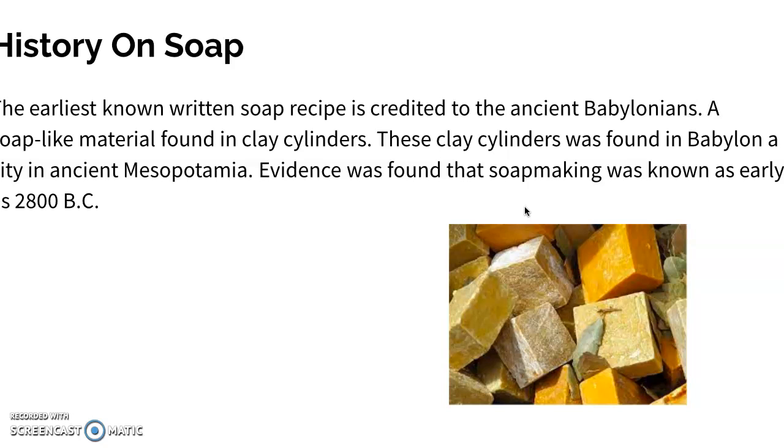According to a Roman legend, soap was named after Mount Sapo, an ancient site of animal sacrifices. So after an animal was sacrificed, rain would wash animal fat and ash that collected under the ceremony altars down into the banks of the Tiber River.